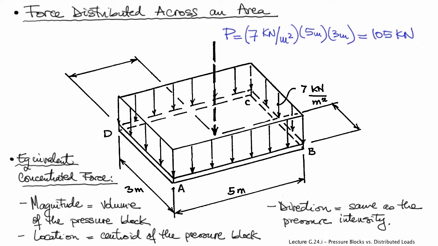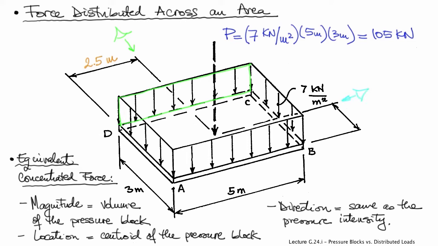But to determine the location is a little more tricky because we are now in three-dimensional space, and we know, however, how to determine the centroid in 2 dimensions. So what we can do is project this three-dimensional figure onto the 2 orthogonal directions. If you look from above, like that green symbol is the eye looking towards the figure, you can see that rectangular shape with a base CD.